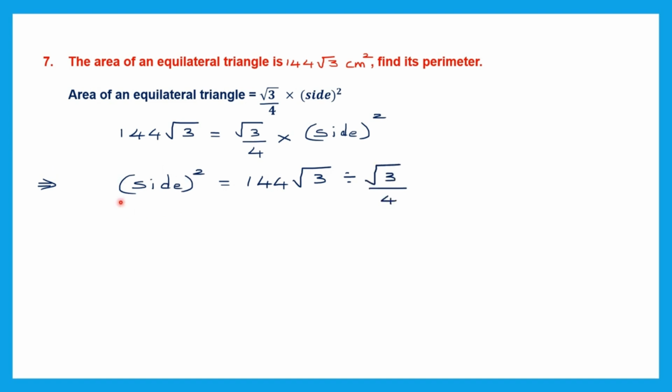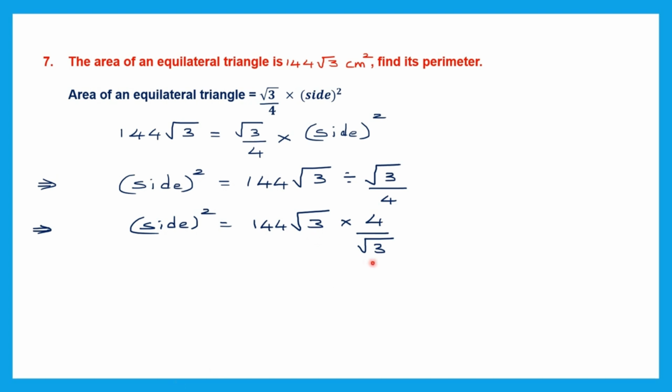Now we're going to simplify for side square, that is 144 root 3. Division will now change to multiplication. So let's write that. So side square, this remains as it is, equal to 144 root 3 into, now we write the reciprocal, 4 by root 3. Now let's see what we can cancel.